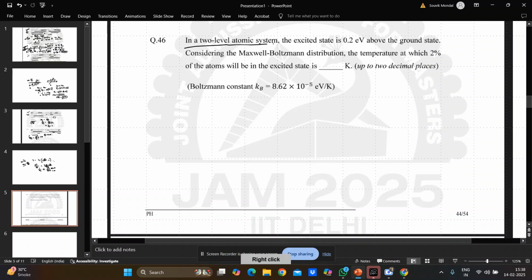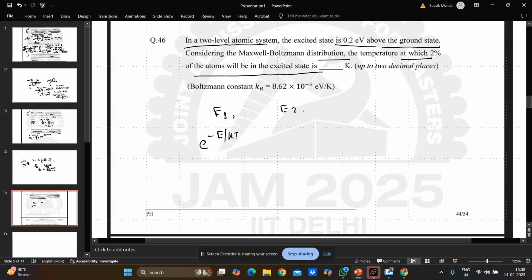In a two-level atomic system, the excited state is 0.2 electron volt above the ground state. Considering Maxwell-Boltzmann distribution, find the temperature at which 2% of the atoms will be in the excited state. Okay. So suppose this is the ground state, this is the excited state, and Maxwell-Boltzmann distribution suggests that e to the power minus E by kT is proportional to the number density or the population.